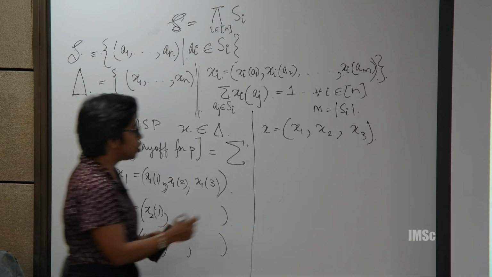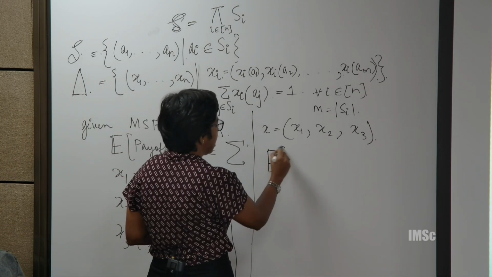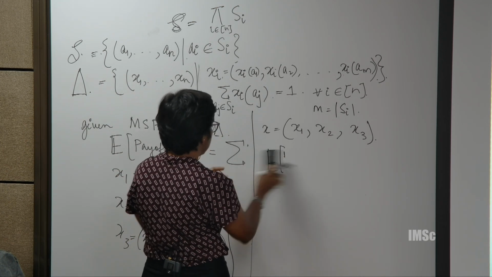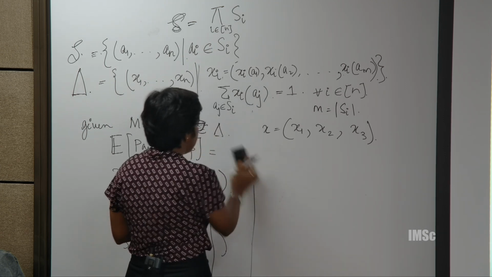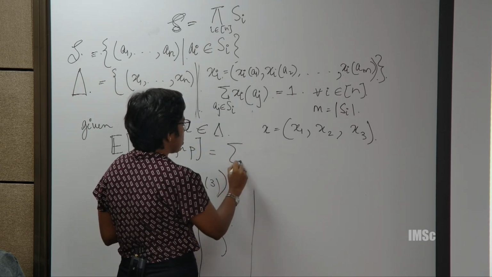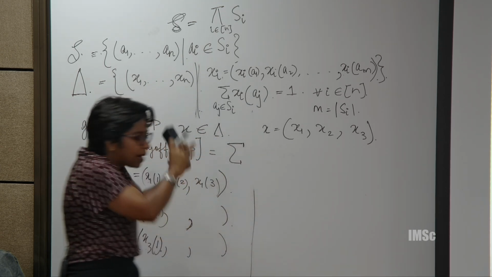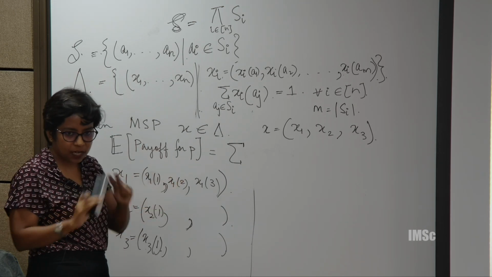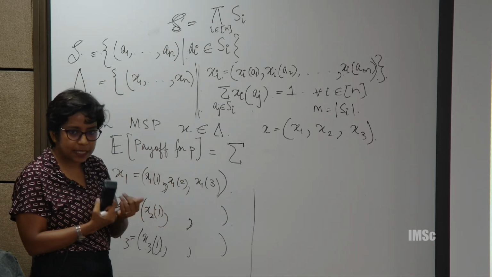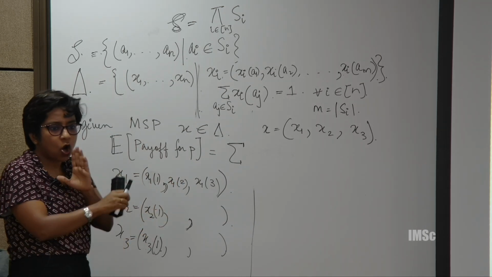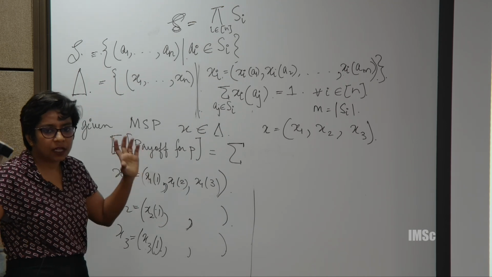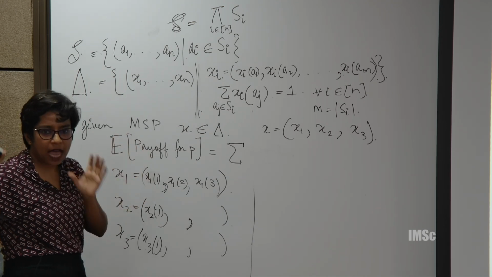Okay. So, this is why if I were to compute the payoff for this player P, my sample space, if you understand expectation, basically consists of all possible tuples of actions or rather action vectors.